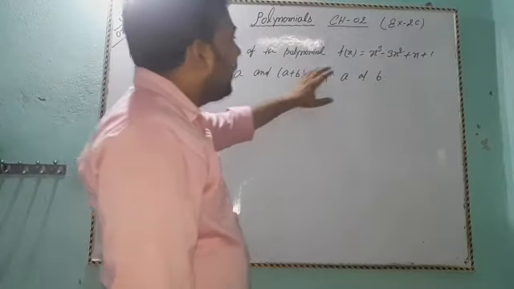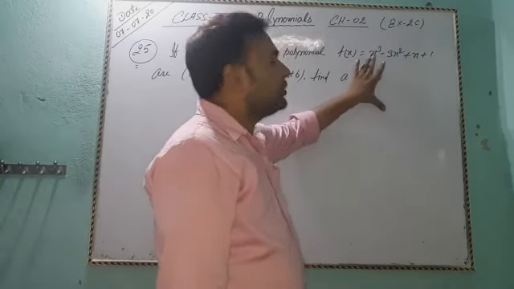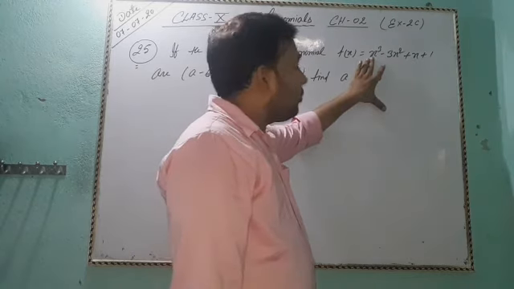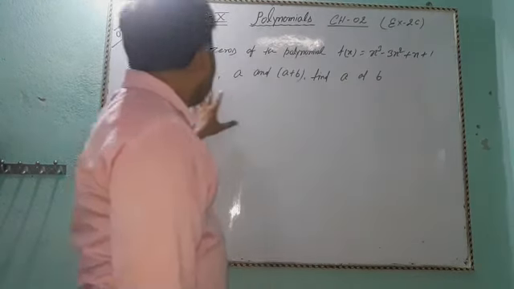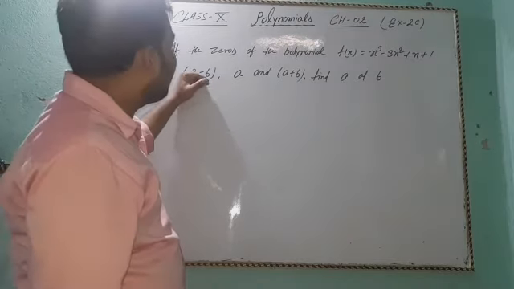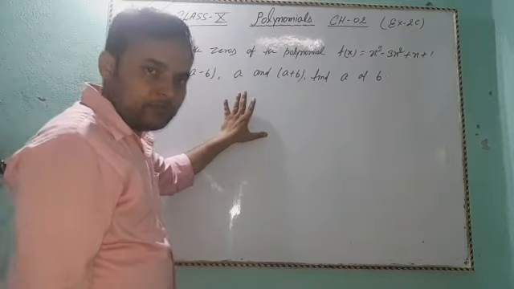Students, f(x) is a cubic polynomial because the maximum power of the variable is 3, so it has 3 zeros and all zeros are given in the form of a and b. So first is a minus b, a and a plus b. So find the value of a and b.